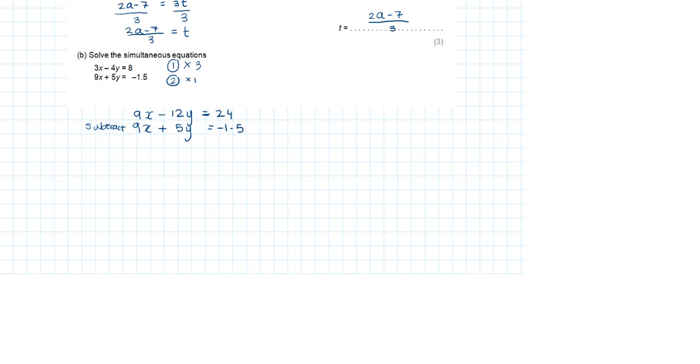Okay, so next, subtract 9x will give me 0, crosses off, don't need you anymore. Right, minus 12y subtract plus 5y will be minus 17y, and then 24 subtract minus 1.5, that'll be 24 plus 1.5, which is 25.5.